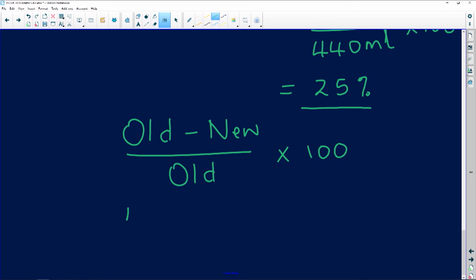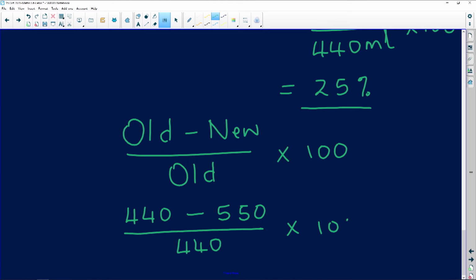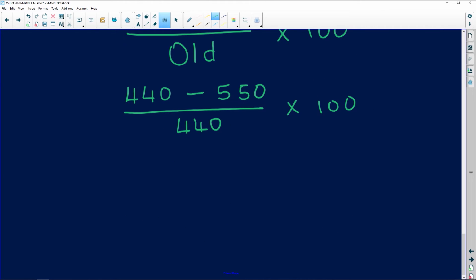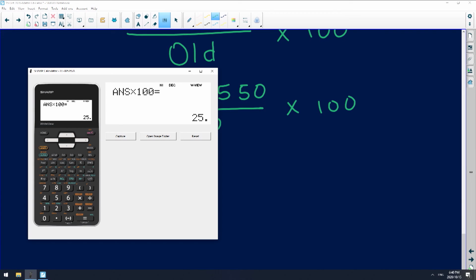Old is 440 milliliters minus 550 milliliters all over 440 milliliters times 100. Look at what I just did there, guys. I don't want to give the wrong information. Something is not working properly. 440 minus 550.